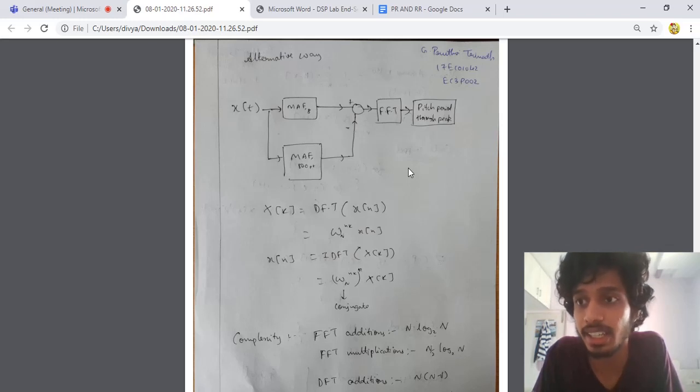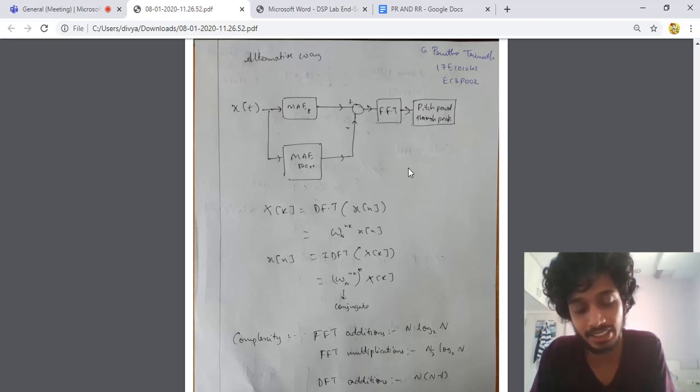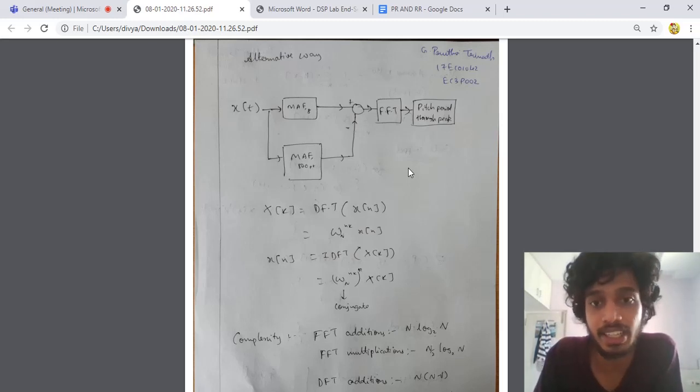We need to find the index of that peak. Once the index of that peak is found, we can eliminate all other points by setting them to 0, and we can apply inverse fast Fourier transform on this to get the pure signal. So that is a way of getting exactly that signal, but since we are not doing any inverse here, we just need the pitch period.